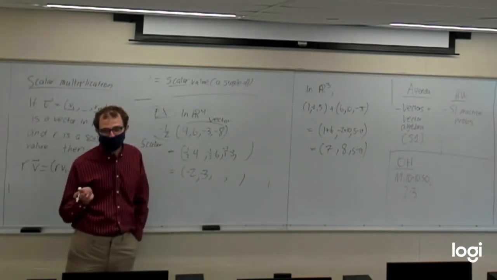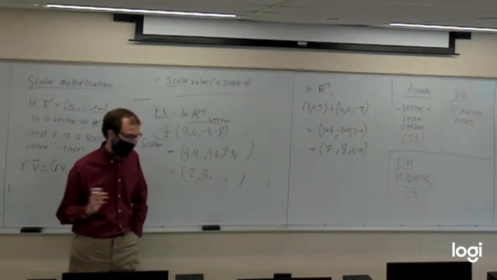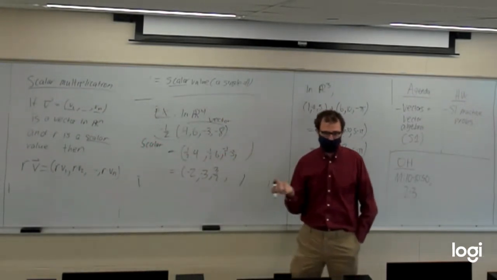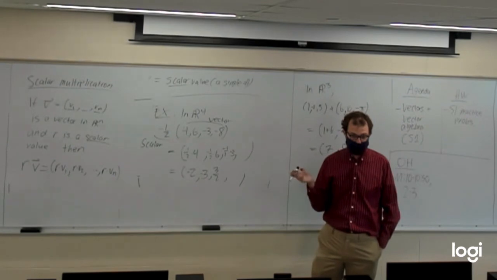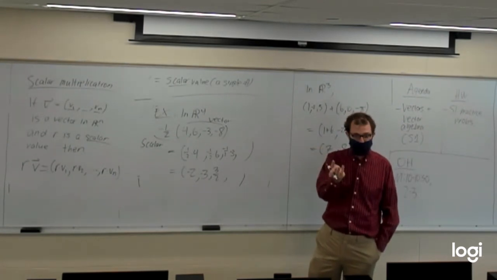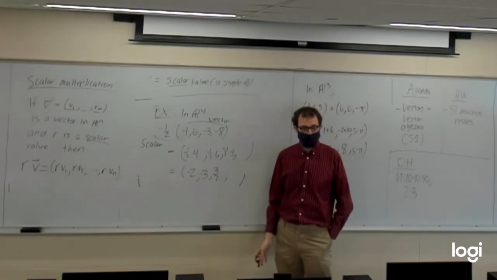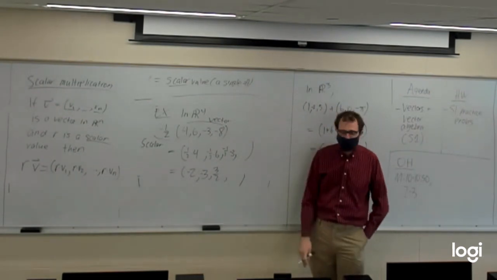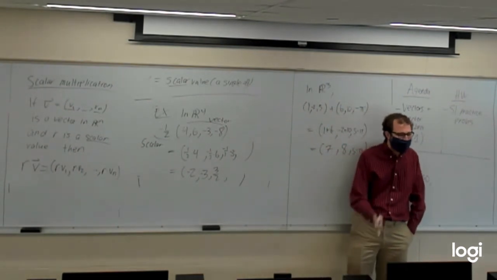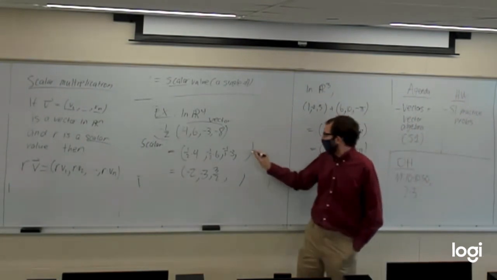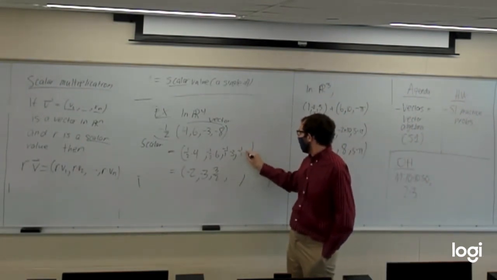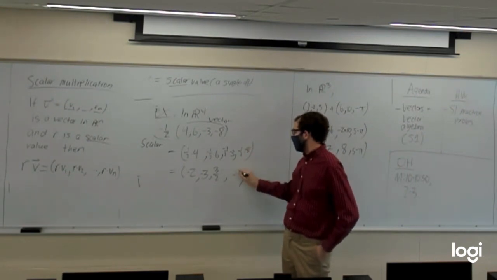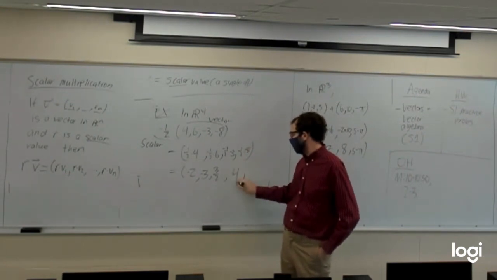I like fractions personally, so I'm going to leave it in fractional form, 3/2. But if you wrote that as 1.5 on a quiz, it's equally acceptable. How about the last coordinate? 4. -1/2 times -8, which comes out to a positive 4.